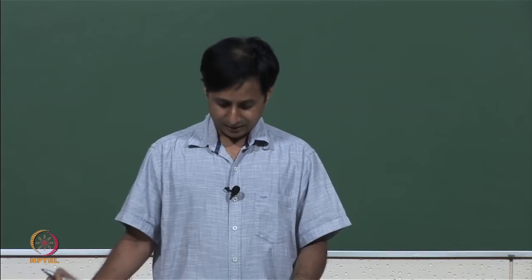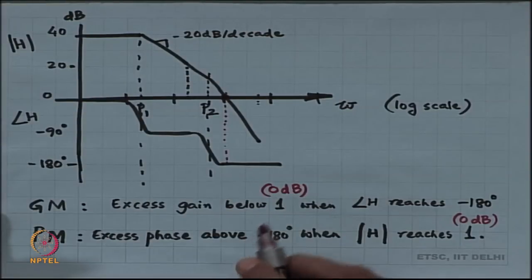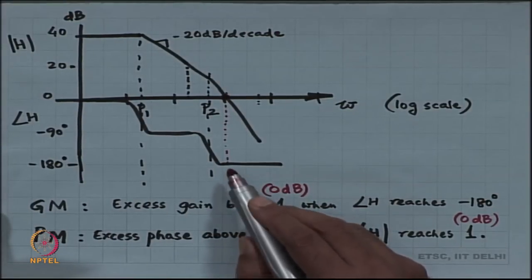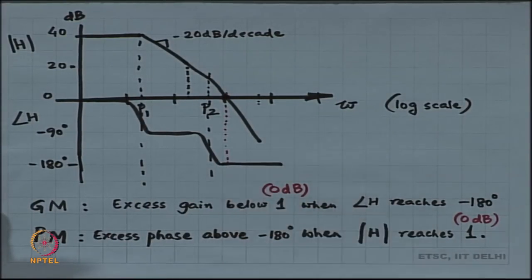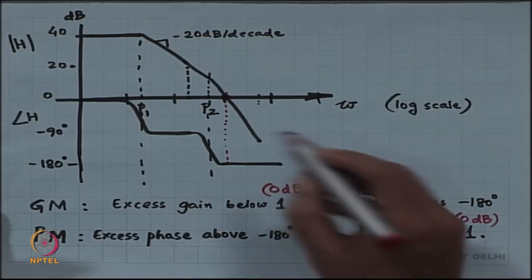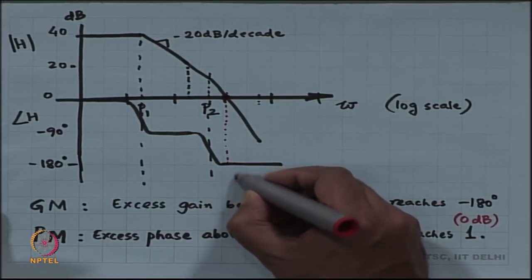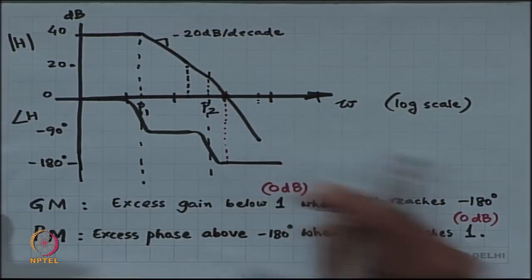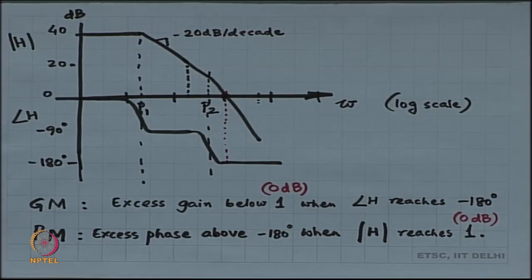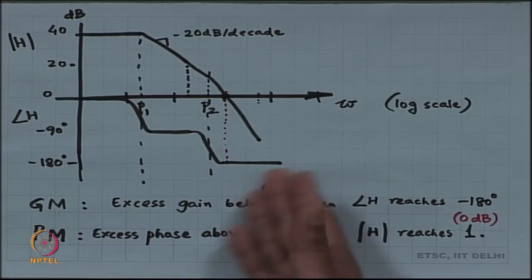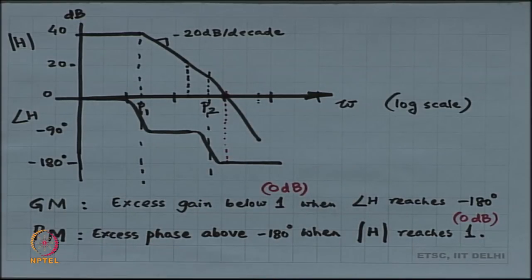All right. If there was a third pole, we would have been sure, because it would not asymptotically reach minus 180 degrees. If there was a third pole, then it would again go and we would know that it is reaching minus 180 degrees. All right. So, in any case, this particular system, the phase margin is very little.